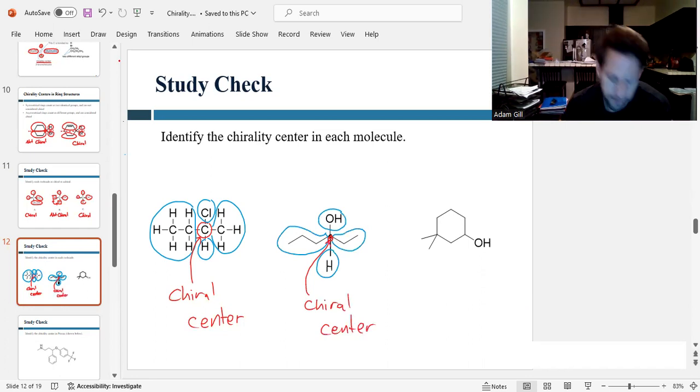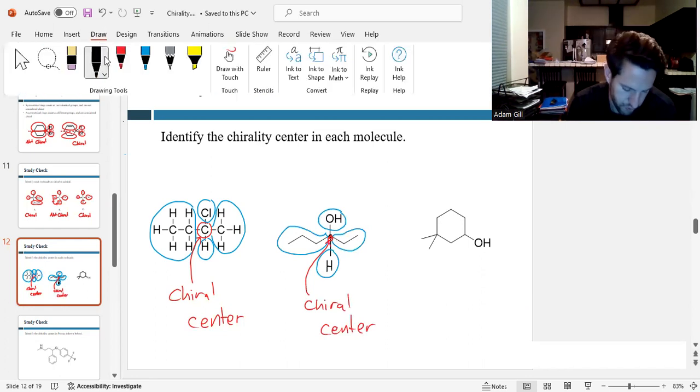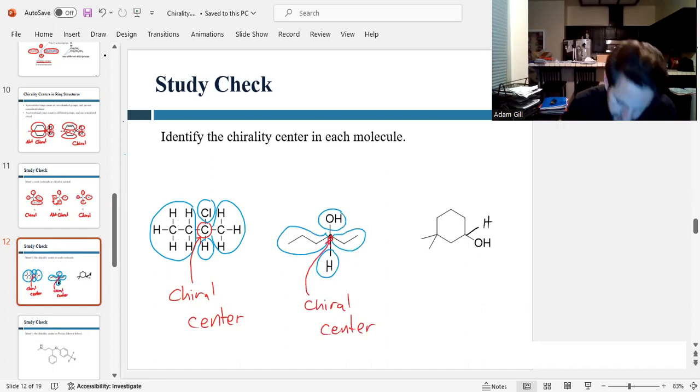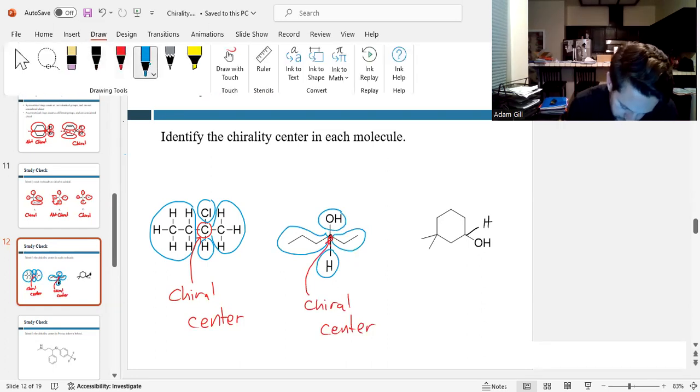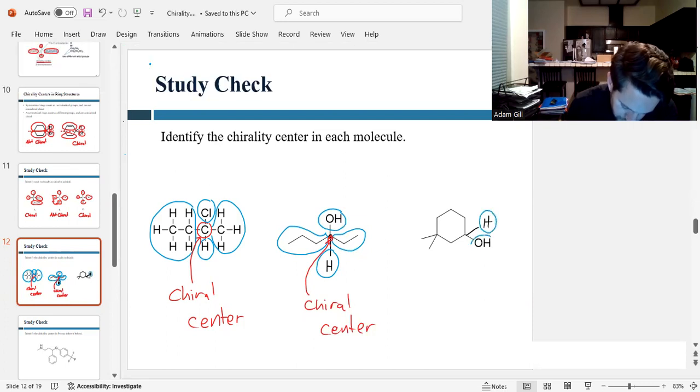Now, the one on the right. Let's draw in the missing hydrogen. And there's going to be a hydrogen attached right there, which means we've got an H, an OH, and then if we try to draw a line down the middle here, we'll see that this half of the ring is different than that half of the ring.